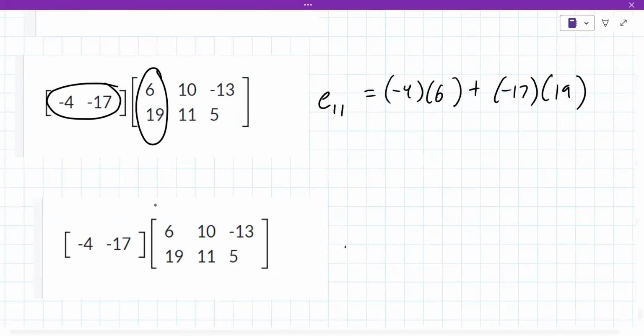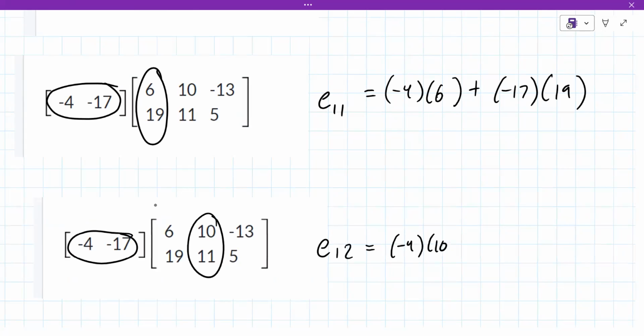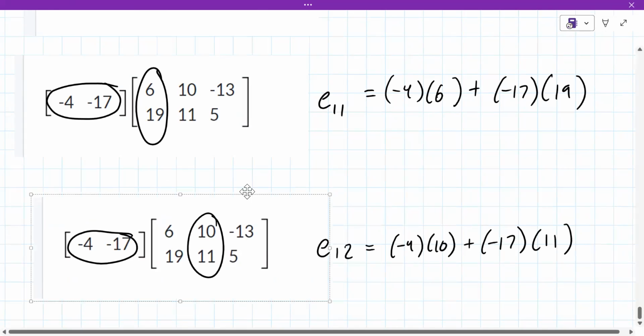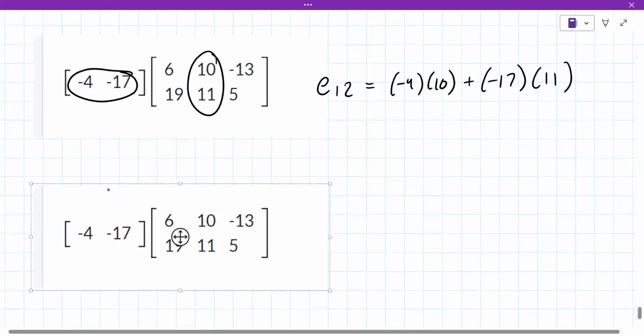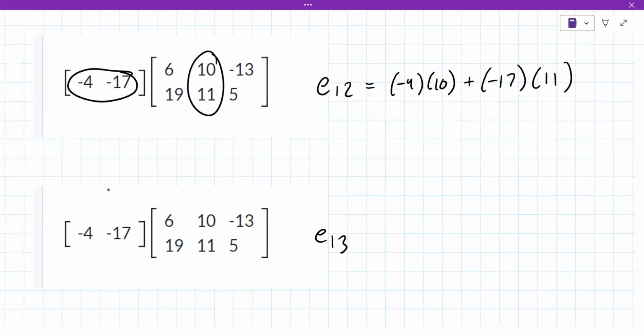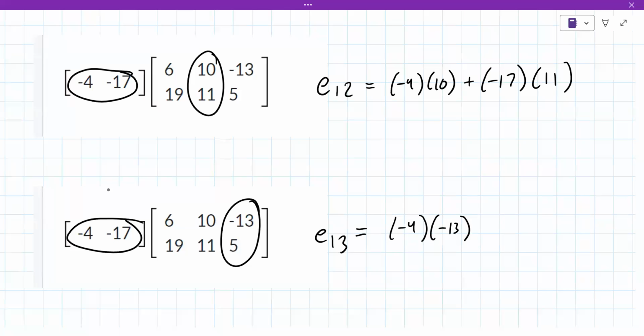Then you do the same thing to find E12. You take the first row times the second column. -4 times 10, -17 times 11. I'll get those result numbers here shortly, but same thing here for the last one. You find E13, take the first row times the third column, -4 times -13, plus -17 times 5, like that.